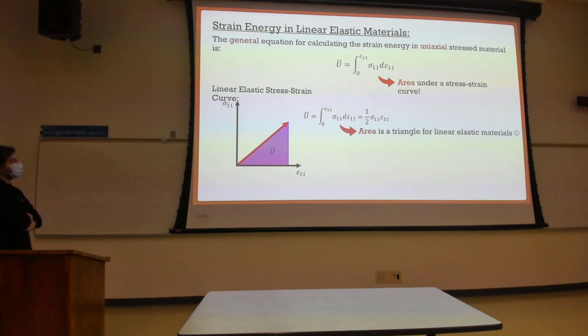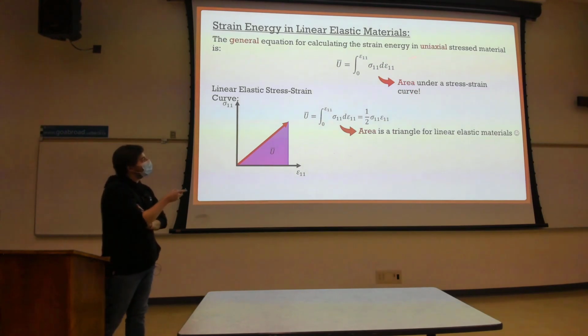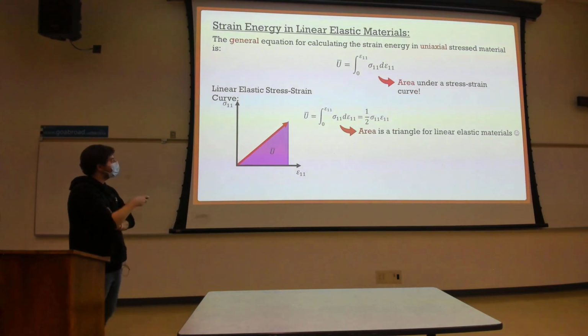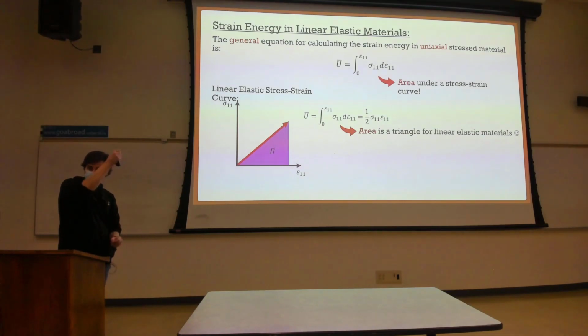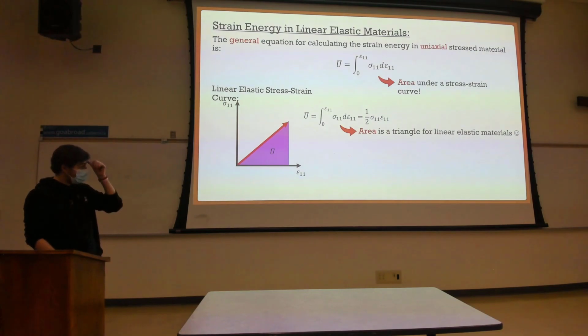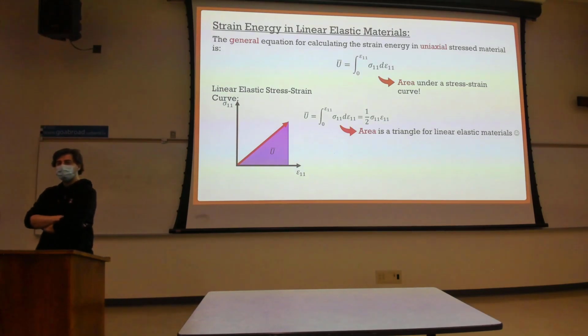So we're saying, okay, this is great. But then we have the second kind of problem, uniaxial stress material. If I was just pulling something in one direction, this would be my expression. So how do I go from a uniaxial stress state to a triaxial stress state?